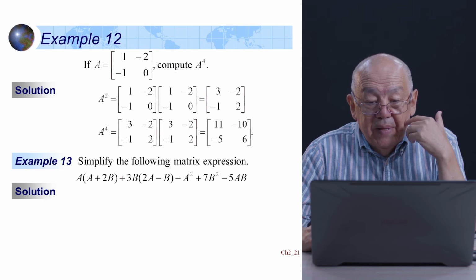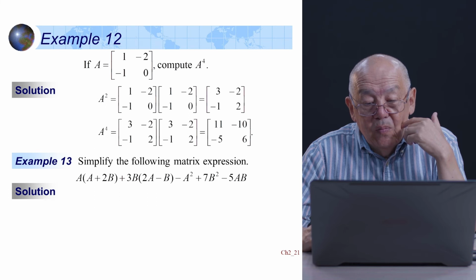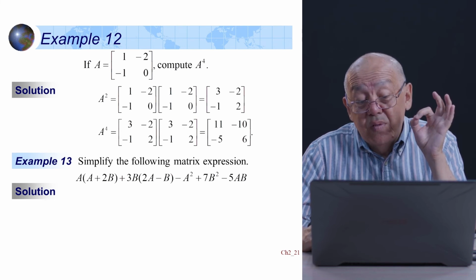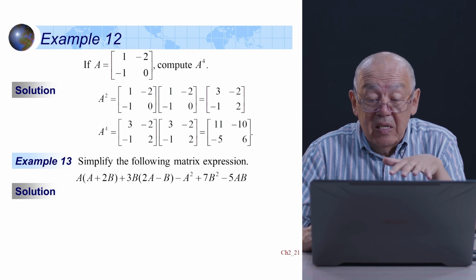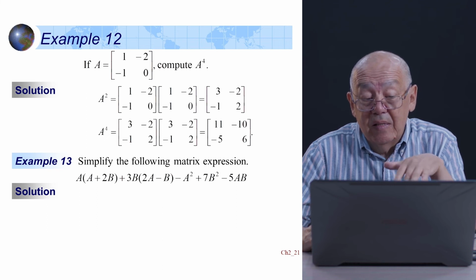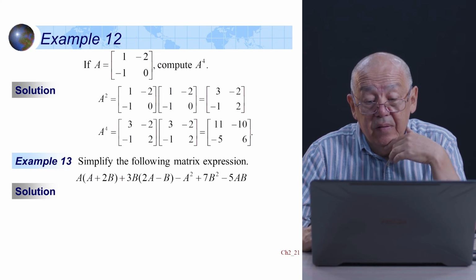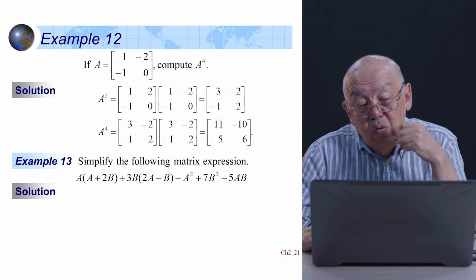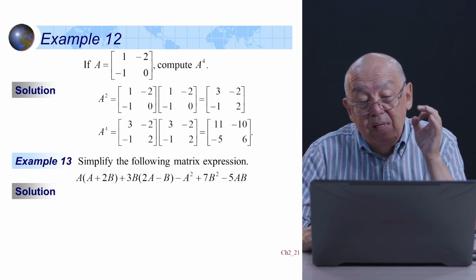And some example related to symbolic computation. Assume that A and B, for simplicity, are square matrices of the same size, and you have this expression related to these matrices. As in example 13, you are asked to simplify this expression using properties of matrix operations.